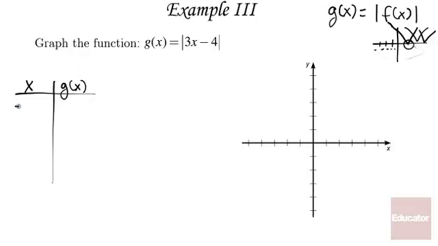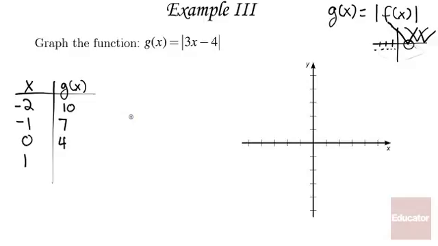If I let x be -2, I can solve this out, and that would give me -6 minus 4 is -10. But the absolute value of that is 10, because g of x is always going to be positive. -1 would give me -3 minus 4, that's -7. The absolute value is 7. If I let x be 0, I get -4 in here, absolute value is 4.